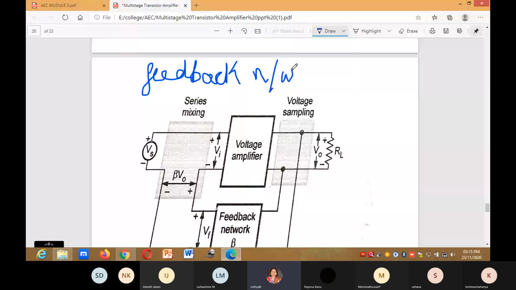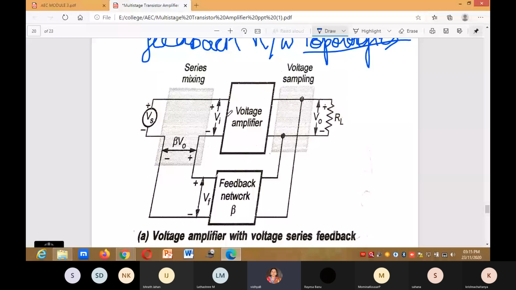First is the voltage amplifier with voltage series feedback.